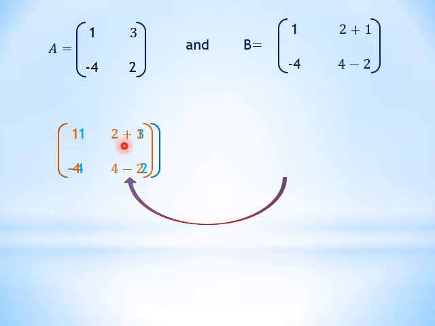2 plus 1 brown corresponds to blue 3. Negative 4 corresponds to blue negative 4. 4 minus 2 corresponds to blue 2. So each entry that comes on top of the other entry, these entries are corresponding to each other.